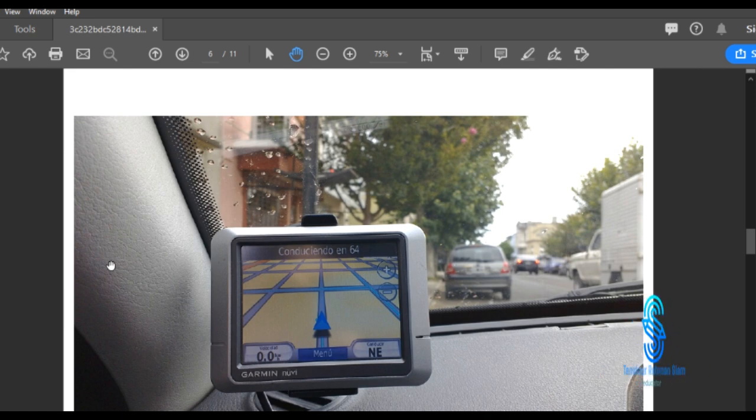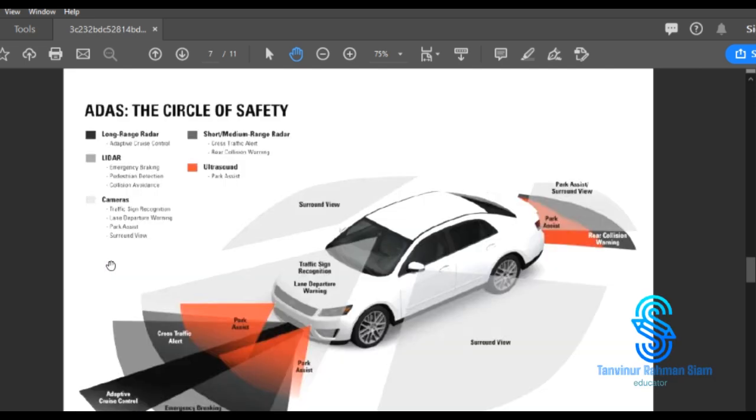By using this, we have the visualization of road conditions, whether there is any traffic jam or not, how the road is, or whether there is any accident or not. We can visualize it with the help of GPS navigation.